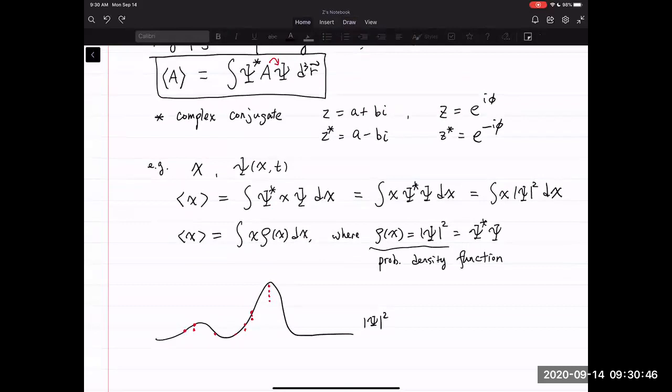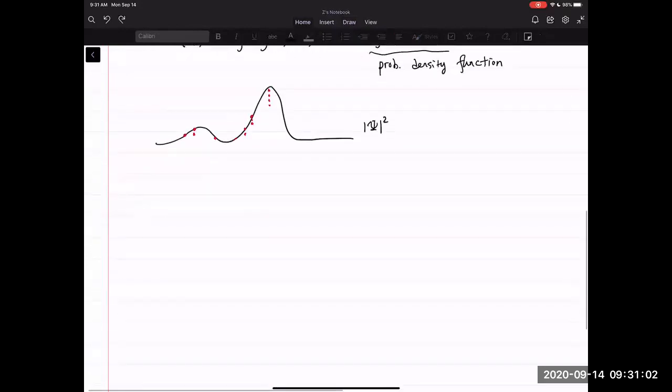If A is x, then the average of A on the left-hand side will be equal to x times the probability density, integrated. And you can do this in two ways. If you only have one particle and measure it one time, of course, you can only get the location of the particle at one location.